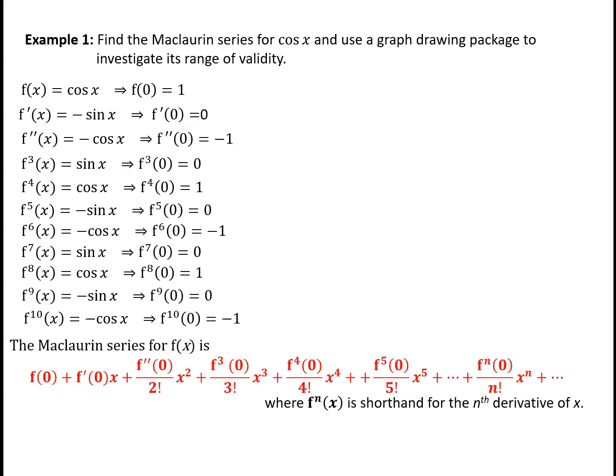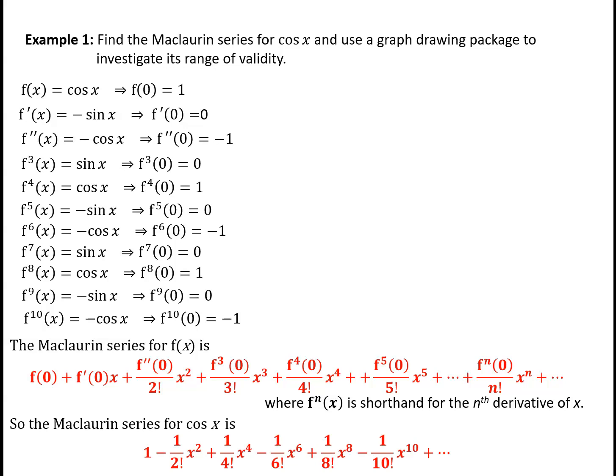Okay, now we know that the Maclaurin series for a general function f of x is given by the expression f of 0 plus f dash 0 times x plus f double dash 0 over 2 factorial x squared, etc. So in this case, the Maclaurin series for cos x is going to be 1 plus 0 times x minus 1 over 2 factorial times x squared plus 0 times x cubed plus 1 over 4 factorial times x to the 4 and so on.